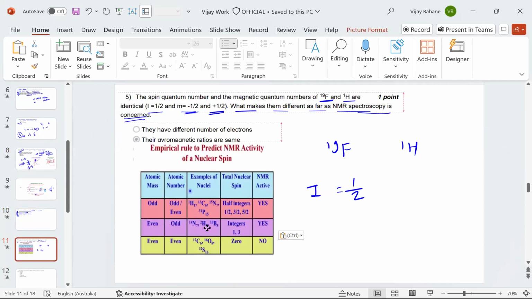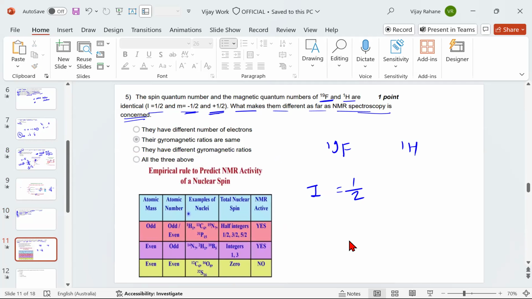So yeah, this is the table, and here you can see that for proton, carbon, and nitrogen as well as phosphorus, the spin is a half integer, right? For proton it is 1 by 2.